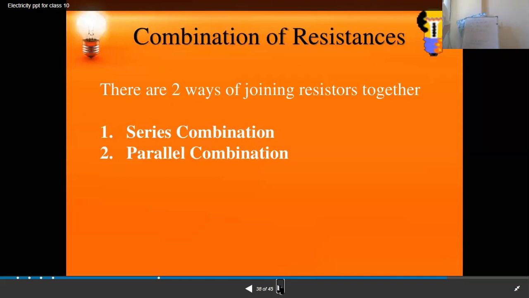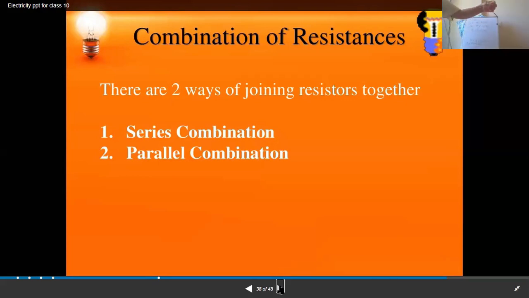If we are having two or more resistors, there are two ways of joining them together: either by series or by parallel combination. What is a series connection and what is a parallel connection? I am going to discuss that with you ahead.